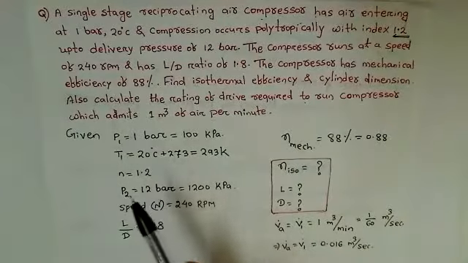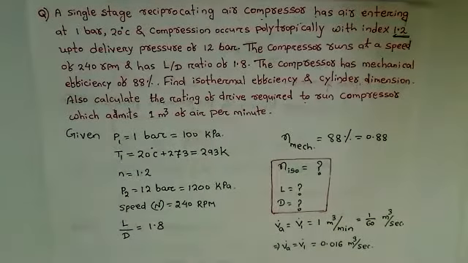Brake power, exactly. Because how will the compressor run? Already yesterday I told you, the compressor will run with the help of a motor or a drive. The motor or the drive will rotate the crankshaft, and then the piston will move and the compressor will work. Prime mover, exactly.